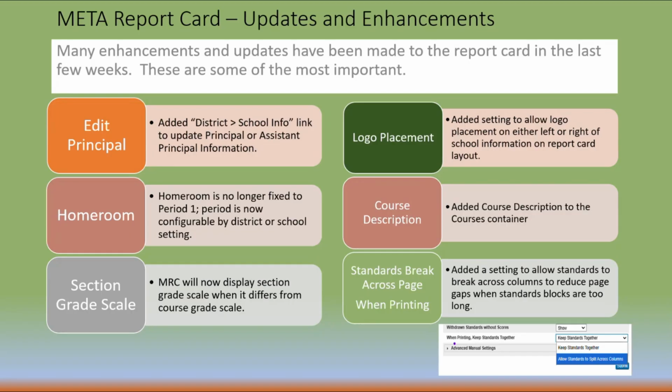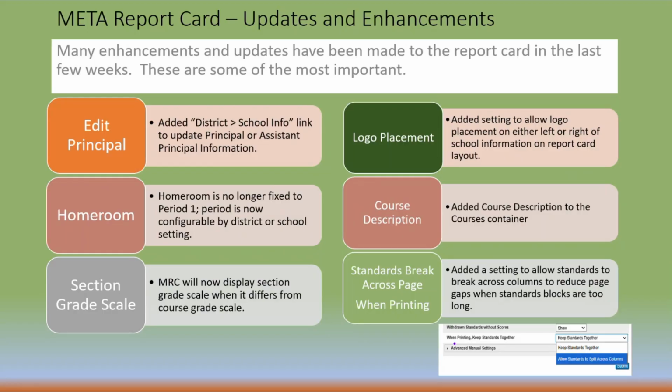The first one I want to talk about is edit principal. We get lots of tickets saying, I have a new principal. How do I change it on the report card? Your principal information is done on district, school info. We're just pulling it from there. We have a new setting that's called edit principal in the general settings.